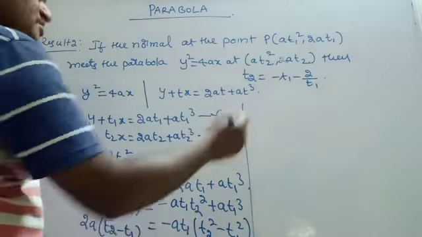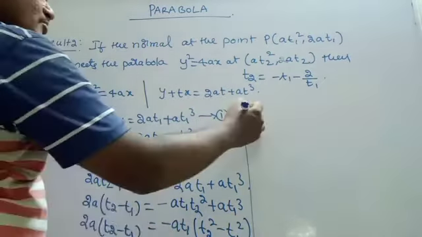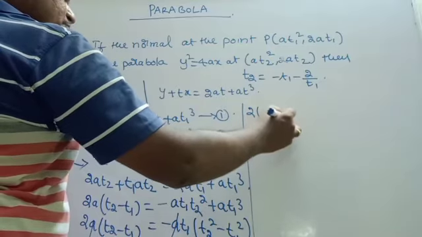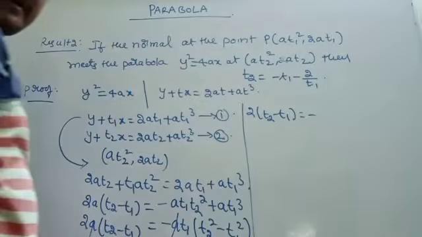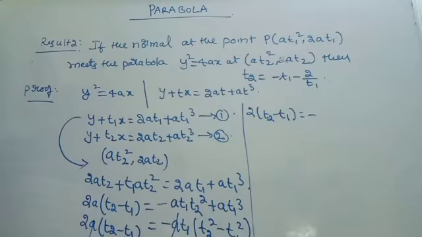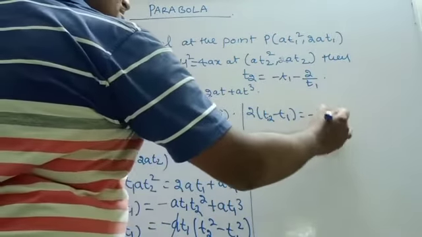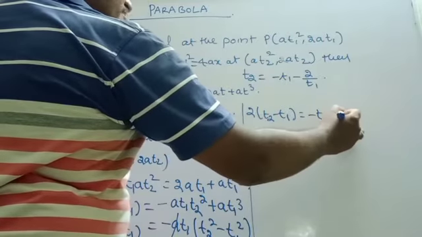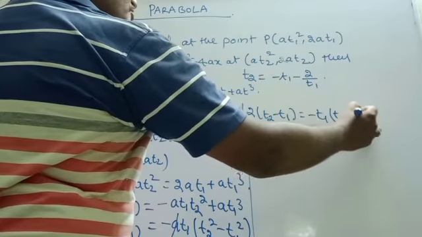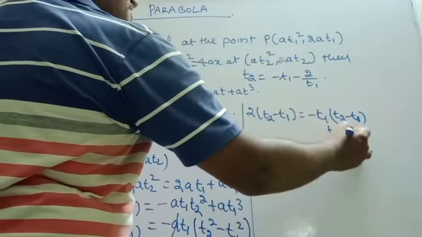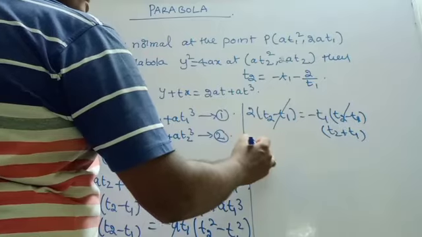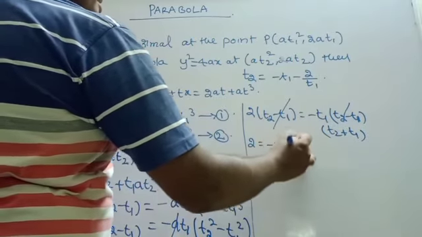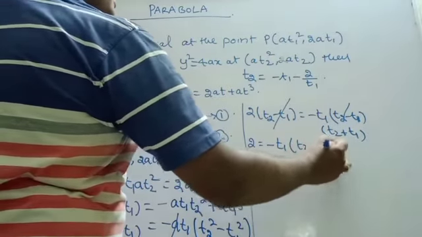Here the a will cancel, and 2 into (t2 minus t1) is equal to minus t1 times (t2 square minus t1 square), which is minus t1 into (t2 minus t1)(t2 plus t1). The common factor will cancel. Now 2 is equal to minus t1 into (t2 plus t1).